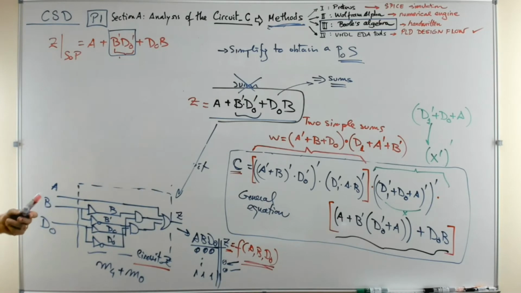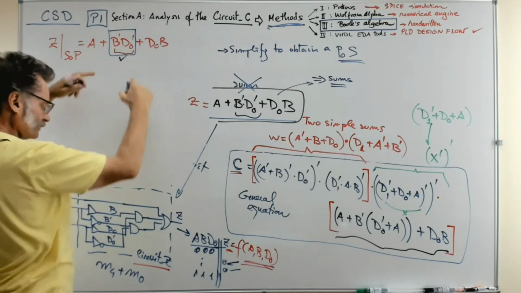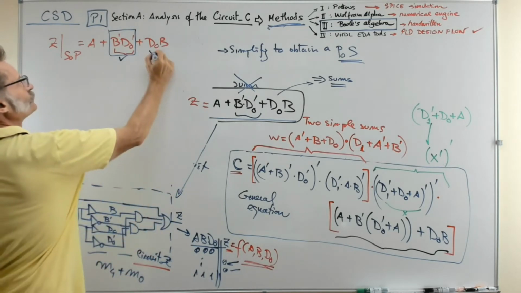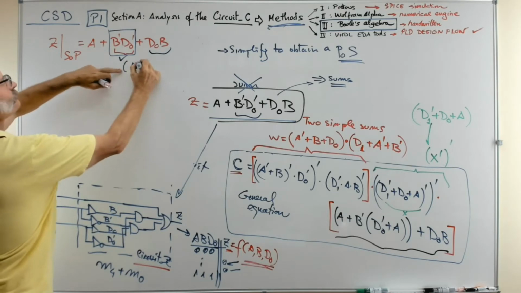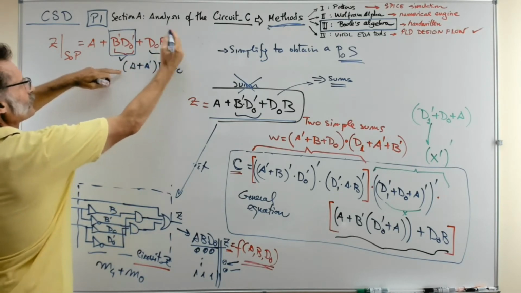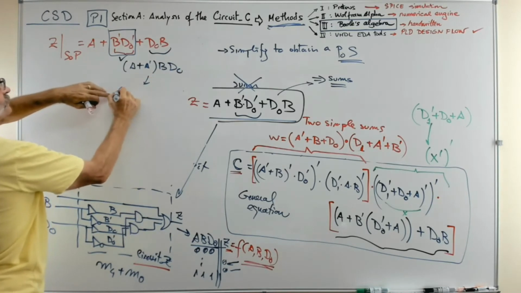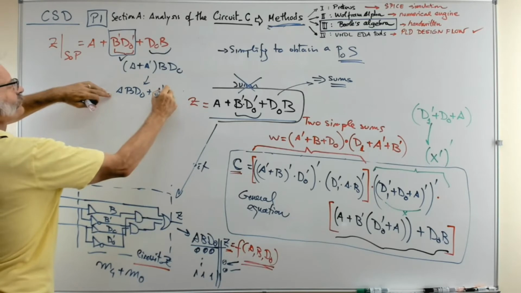So you've done this term now. You have converted this term, which is a product, into two minterms. Do the same now here. This is going to be A naught, B, D0, ordering at the same time. So this is A, B, D0, or A naught, B, D0.